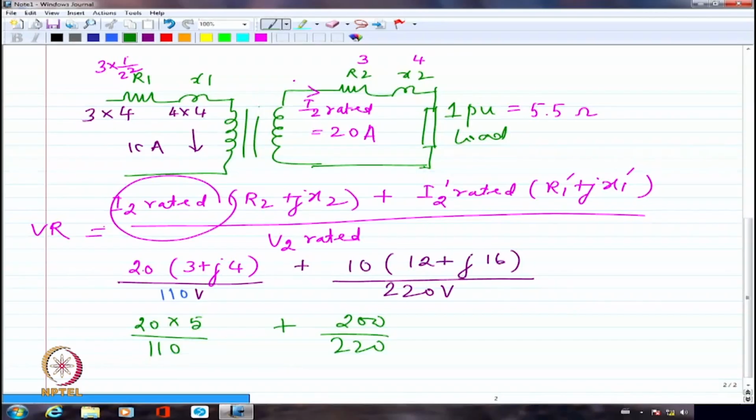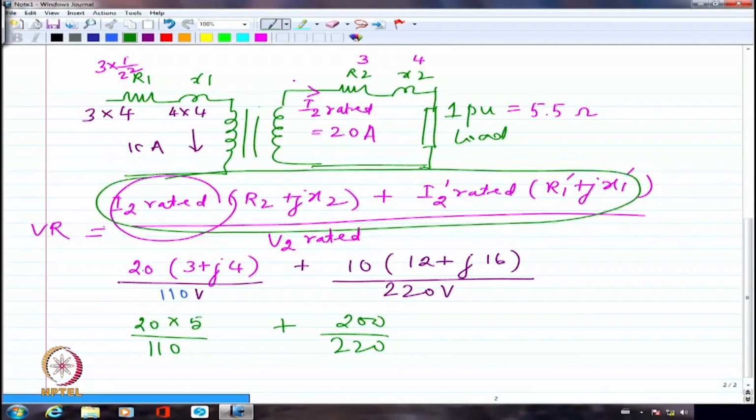Overall, when I calculate it with reference to its own base, I will get ultimately the voltage drops happening at the same percentage values, right? So this entire thing, what I get as the overall voltage drop with respect to the voltage rated, is generally known as the percentage impedance of the transformer.